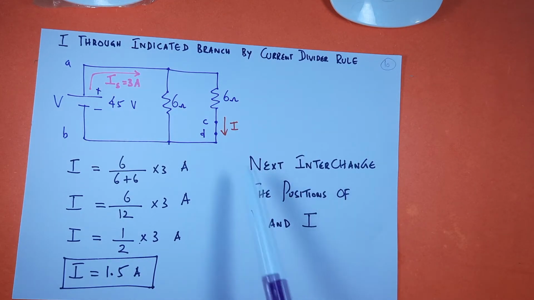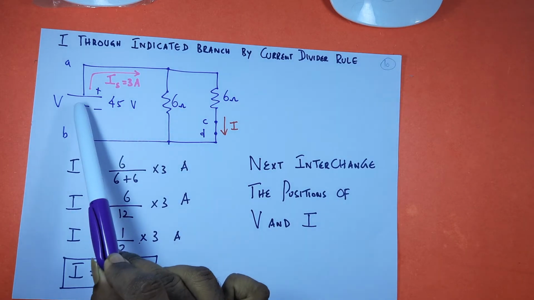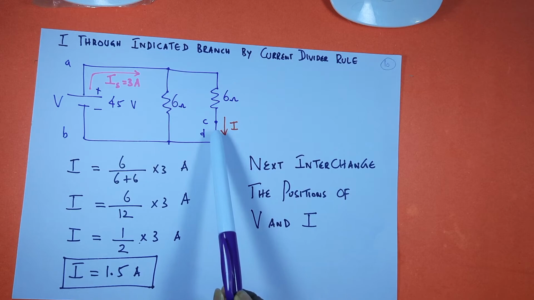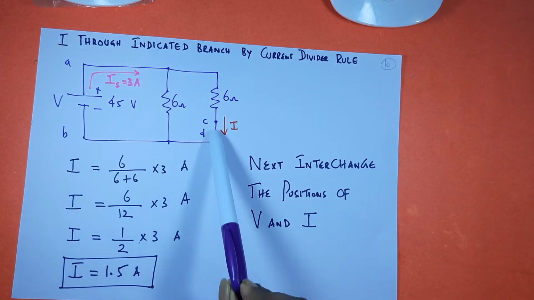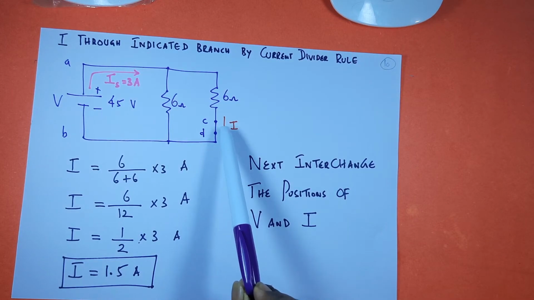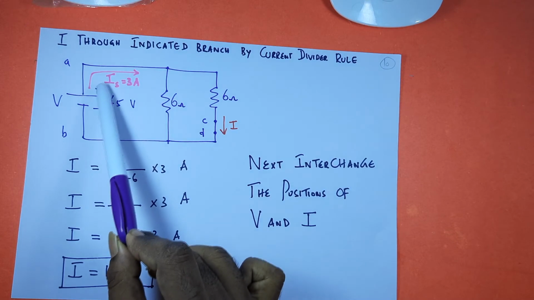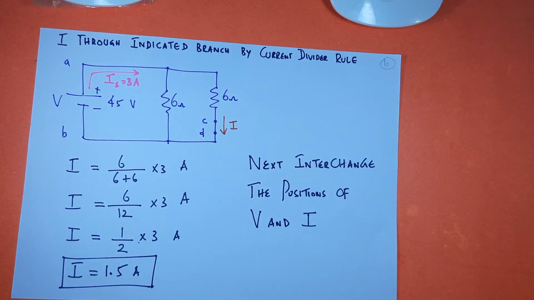Next, what we are going to do is interchange the positions of this V and this CD. So the short circuit will go here. This will come here with the correct orientation or correct polarity. So since current is going down means this bottom should be positive, top should be negative. Okay.